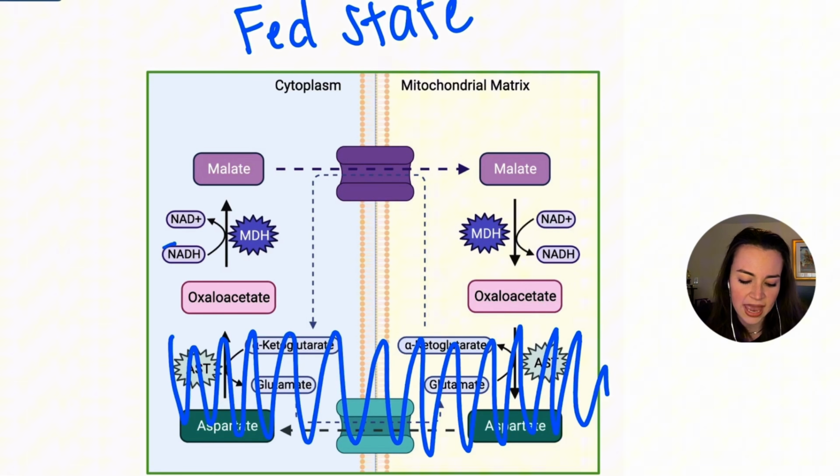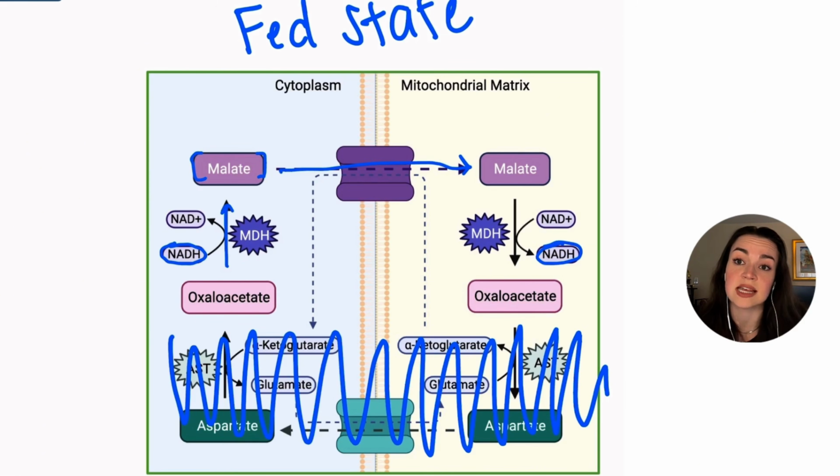All of that extra NADH that gets formed is going to participate in the malate-aspartate shuttle, where those electrons are going to get loaded onto malate, brought into the mitochondria, and then released inside the mitochondria.